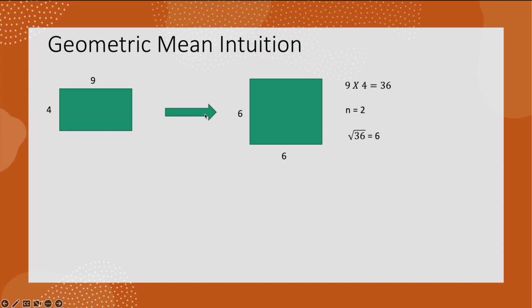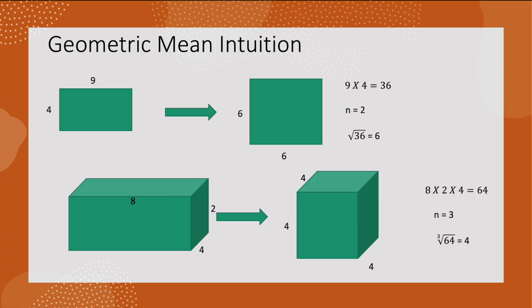You can expand this into 3 dimensions, 4 dimensions, 5 dimensions. In 3 dimensions, it becomes a volume, right? Suppose we have a cuboid with the shape 2, 4, and 8: height, width, and length. Now the question for the geometric mean would be: give me a cube of the same volume, and the side of that cube would be the geometric mean of 2, 4, and 8.